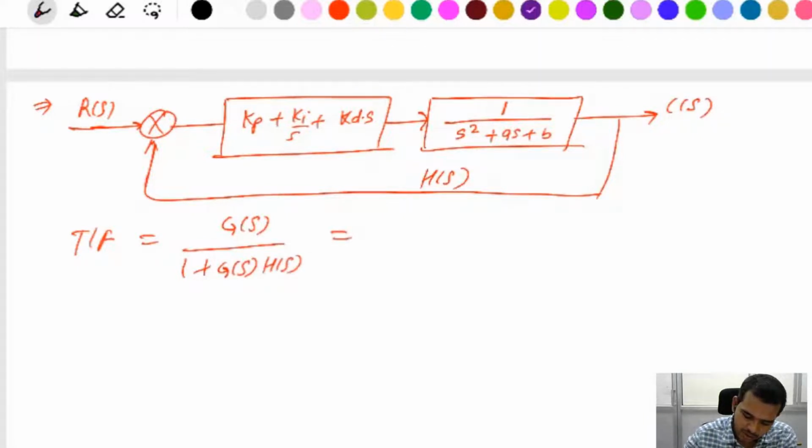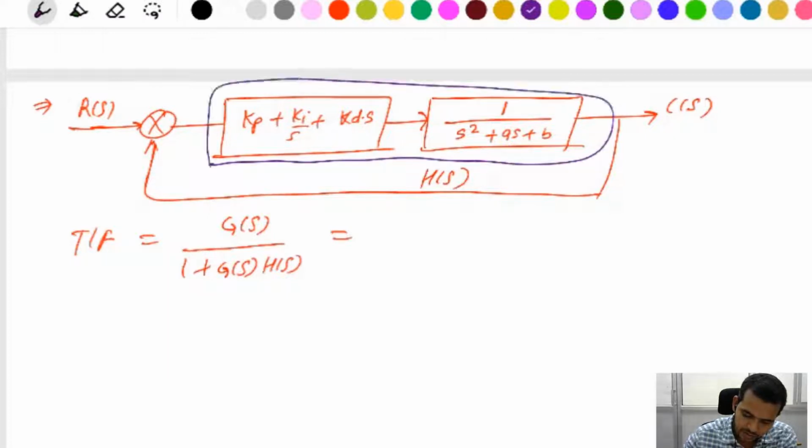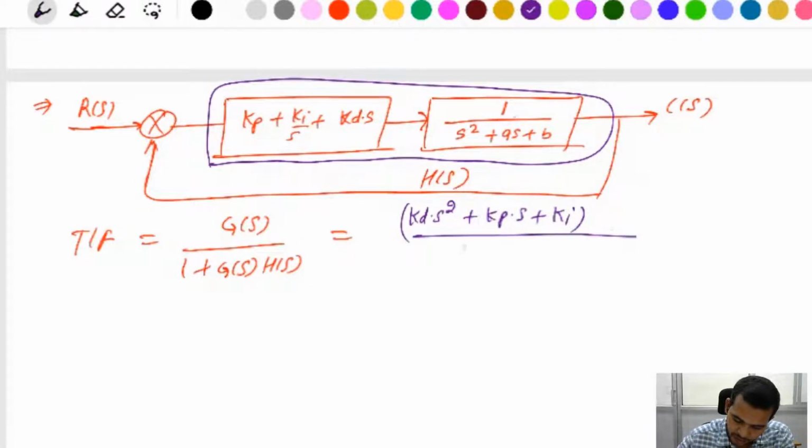GS is the total function, this one we multiply by this, then we find. I take a common S, then the sum KD into S square, KP into S plus KI, into 1 divided by S cube plus AS square plus BS.